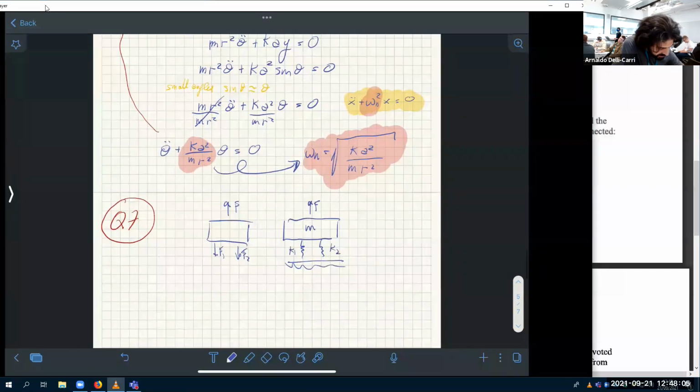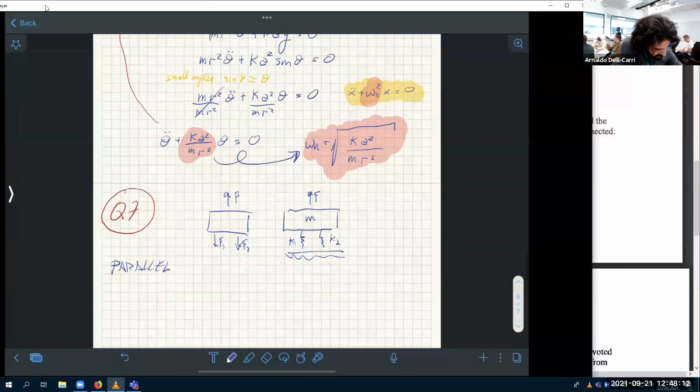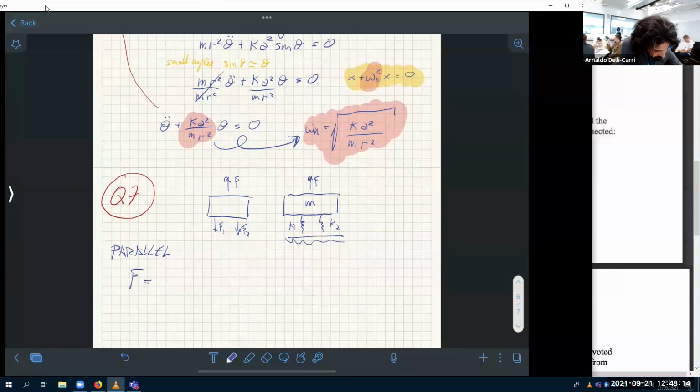So what I'm saying here is that for springs in parallel, F equals the equivalent force, F1 plus F2, and you know that these are spring forces.